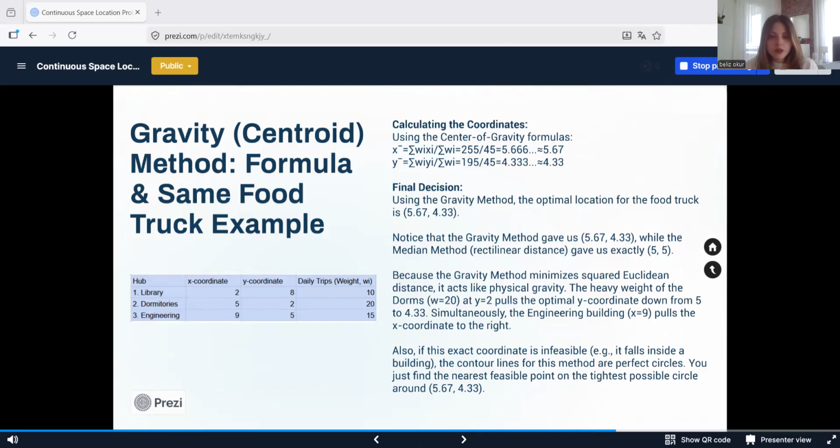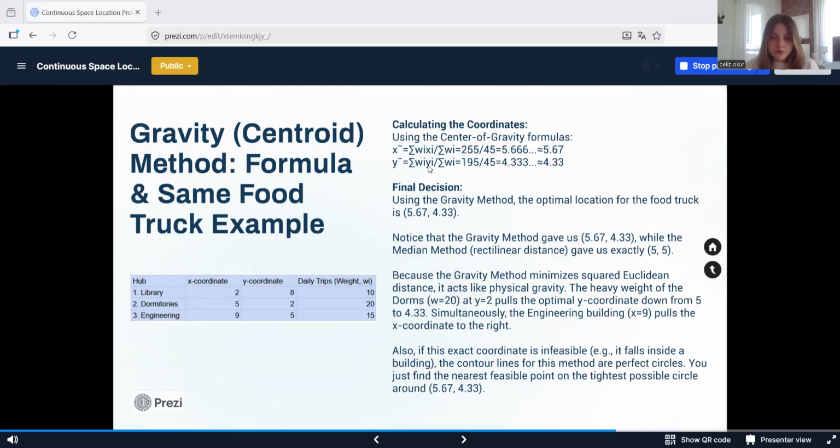Instead of finding the median, we find the weighted average of the coordinates. In here, you can see the formula. When we use food truck data, we get 255 divided by 45, which is 5.78. Doing the same for the y-axis, we find 4.33.